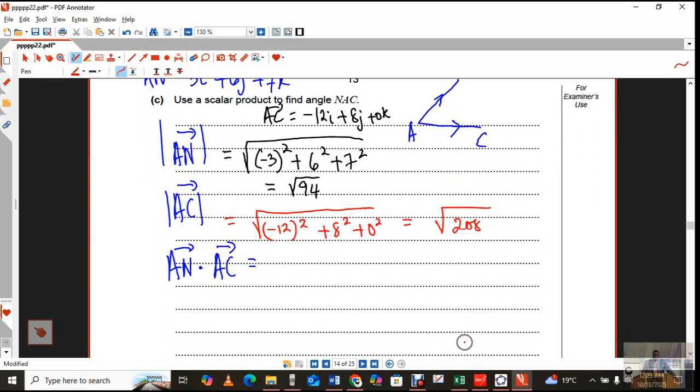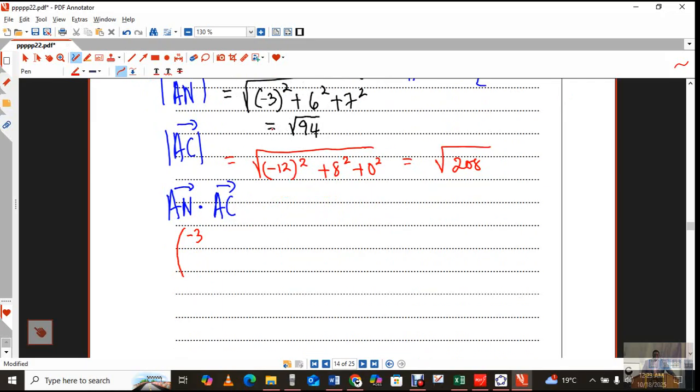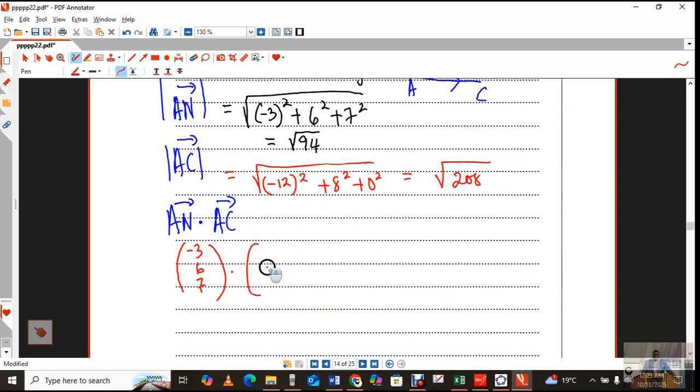So now I'm going to calculate the dot product. To find the dot product, I'm just going to write my i, j, and k in terms of column vectors. I find it a little bit easier. So this is minus 3, 6, 7, that's AN, dotted with AC. What was AC?